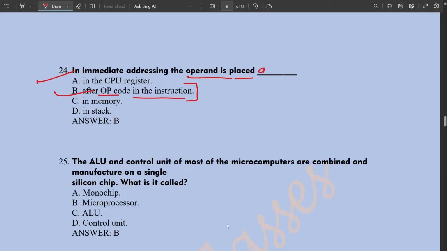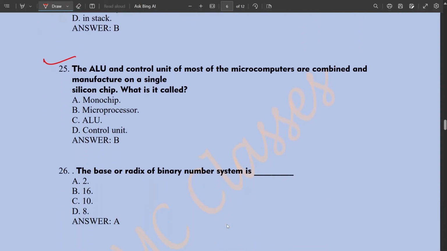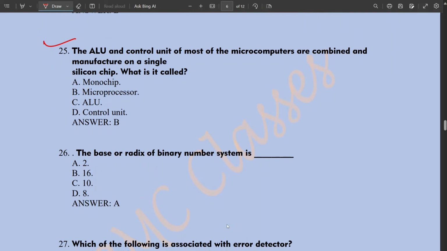Next, the ALU and control unit of most microcomputers are combined and manufactured on a single silicon chip. What is it called? A microprocessor. This is a chip.